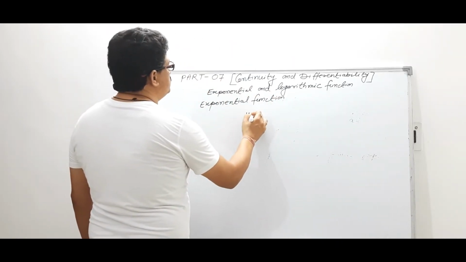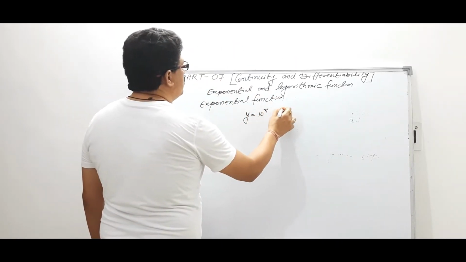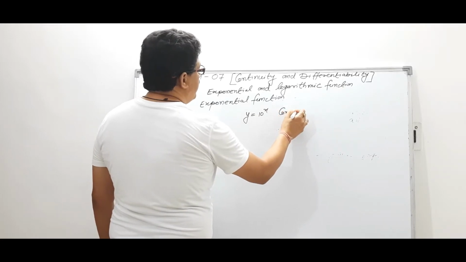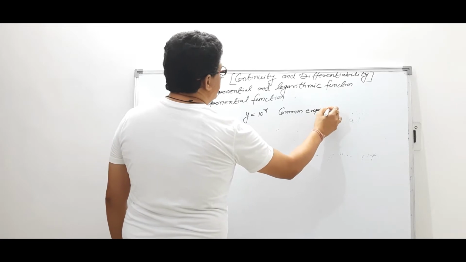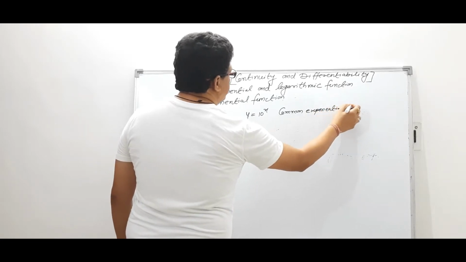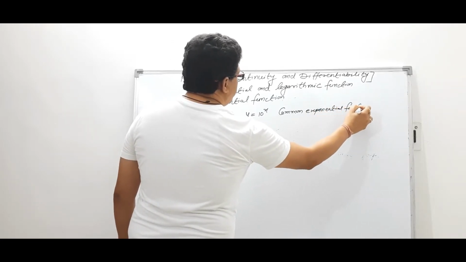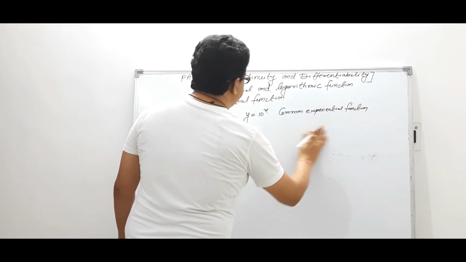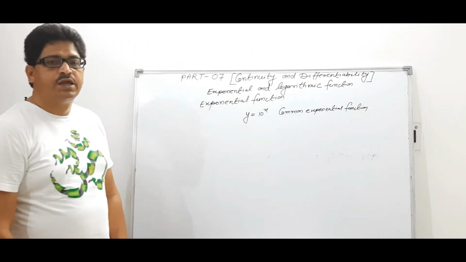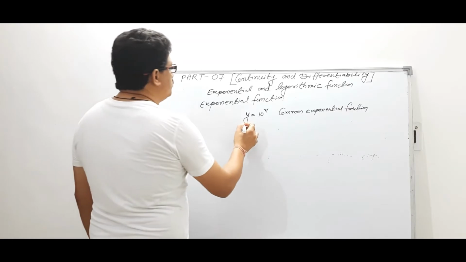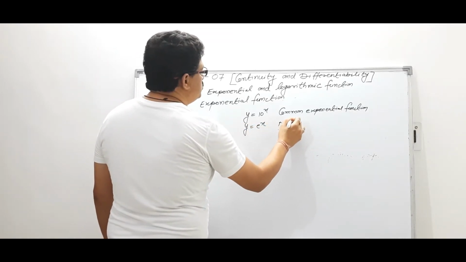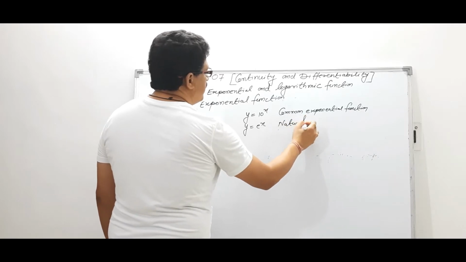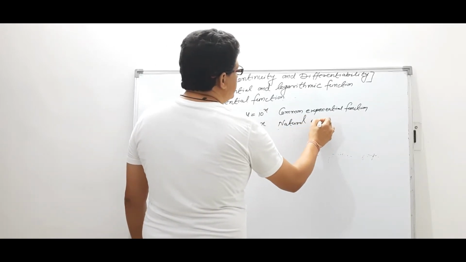y is equal to 10 raised to x is called common exponential function. And y is equal to e raised to x is called natural exponential function.